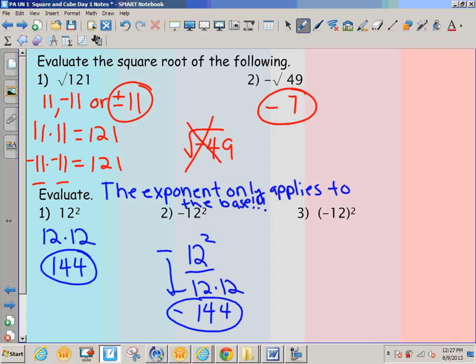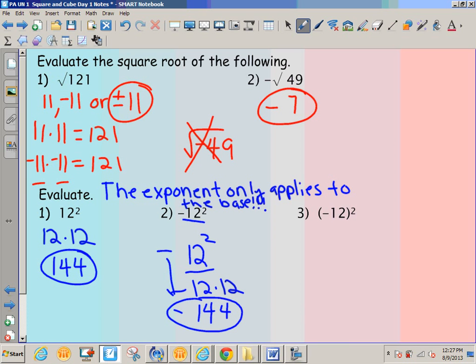Let's see how that compares to number 3. Look at number 2 and look at number 3. In number 2, you don't see parentheses. In number 3, you do see parentheses. So when I tell you that the exponent only applies to the base, it depends on how the problem looks. In number 2, we were just squaring the 12.